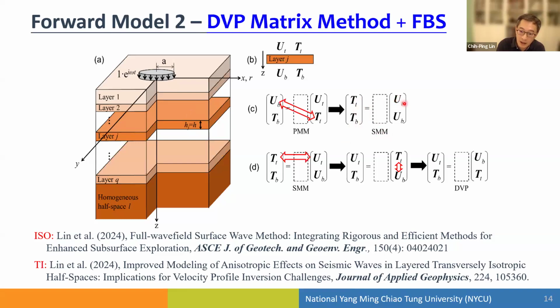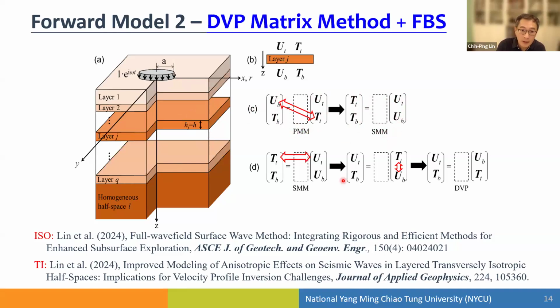A very convenient way to assemble a multi-layer model is the propagation matrix method, which relates the displacement and traction at the bottom to those at the top.